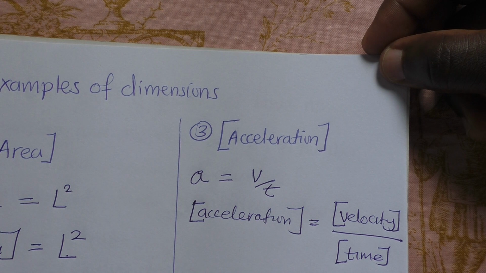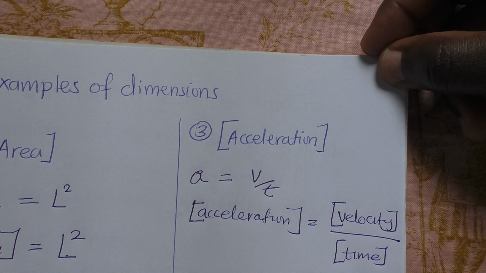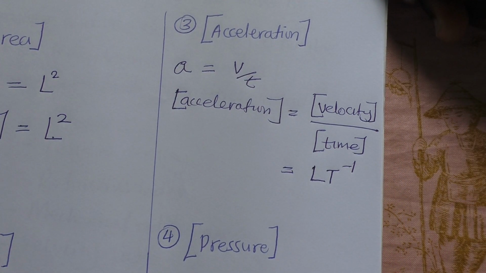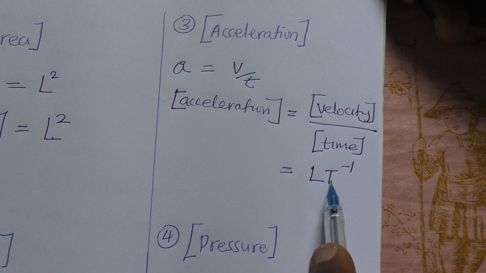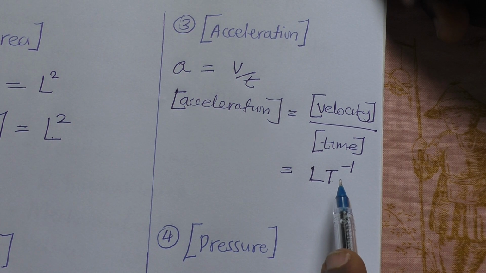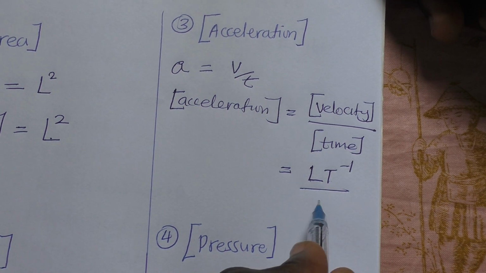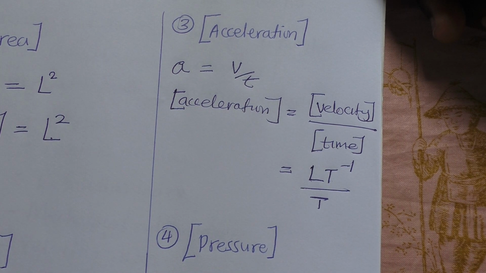Displacement is length, so that gives us length per time, from the formula for velocity, which is displacement over time. This is the dimension of time.